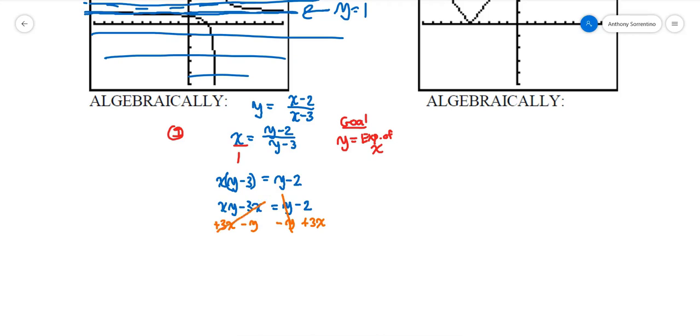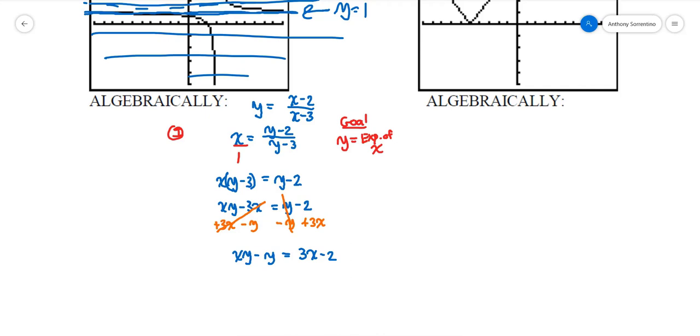So I'm left on the left-hand side with xy minus y equals 3x minus 2. So all my y's are on one side of the equation. I can't combine these together because an xy term and a y term are not the same. I had to figure out a way, though, to get this down to having just a single y being mentioned.